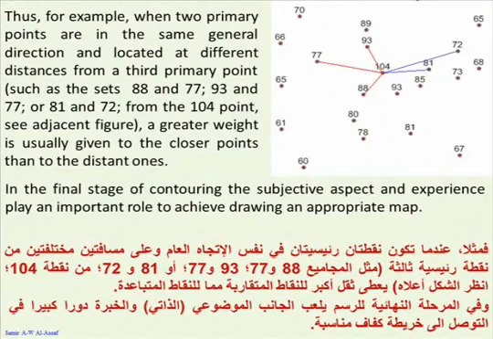Thus, for example, when two primary points are in the same general direction and located at different distances from a third primary point, such as the sets 88 and 77, 93 and 77, or 81 and 72 from the 104-meter point, see adjacent figure, a greater weight is usually given to the closer points than to the distant ones.